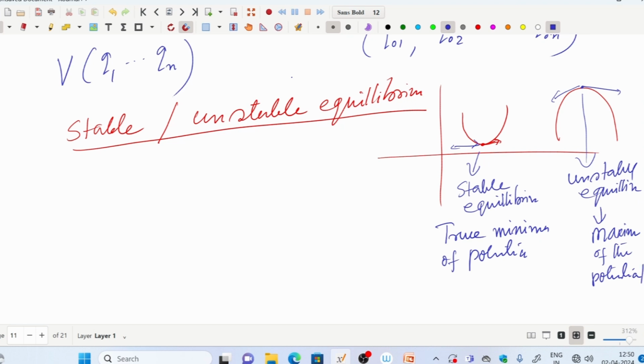What happens is that force is basically the curvature in the potential. If the curvature is positive here, you will find that force is minus del V del x. So, it is a negative force, a restoring force.